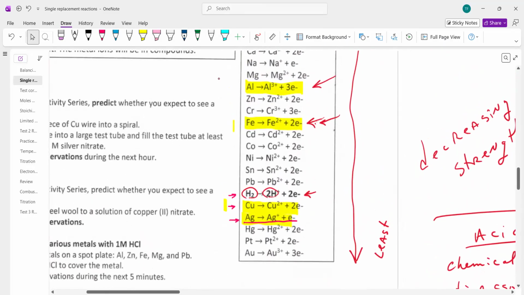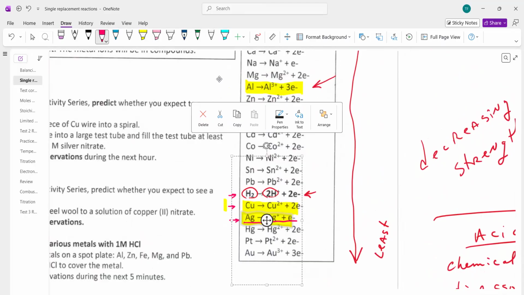Okay, so here's H2 here, and aluminum up there. So is aluminum above the H2? Way above, all right? Now, the farther it is away, the faster the reaction will go. Closer they are together, it'll be slow, but it will happen.